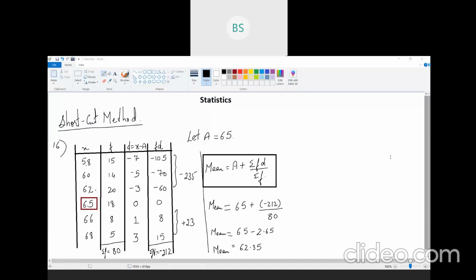Okay. So you have done with this. Fine. Then we will move on. Now we will solve one more question based on the shortcut method. Question number 18 we will do.